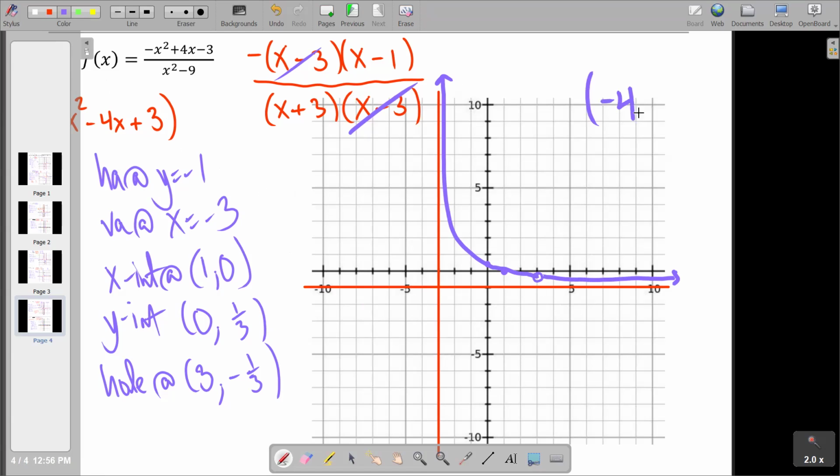So if I take -4 and I feed it in, I get the negative of -5, which is 5. And then I get -4 plus 3, which is -1, and that's going to be a -5. So -4, -5. And that concludes the graph.